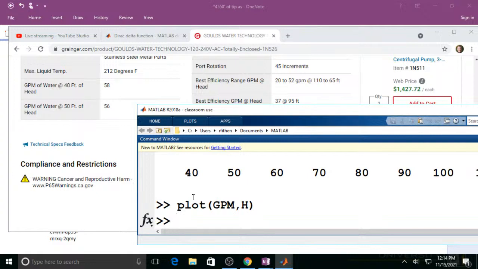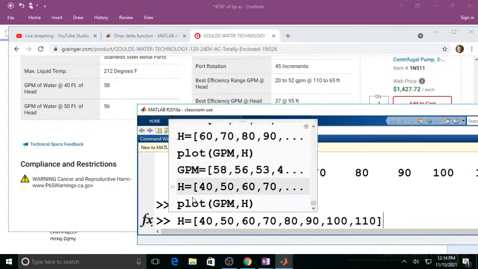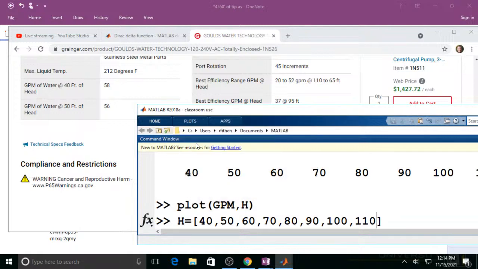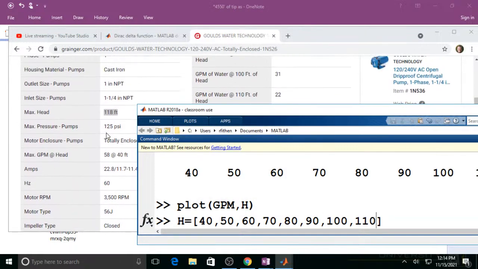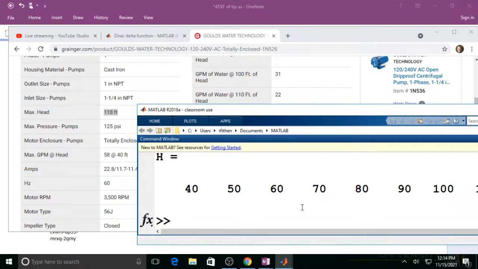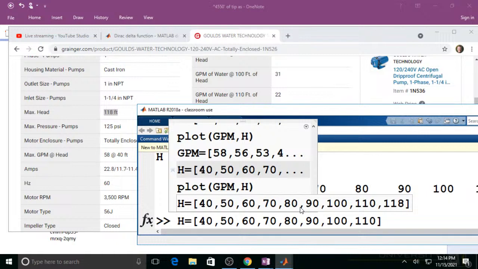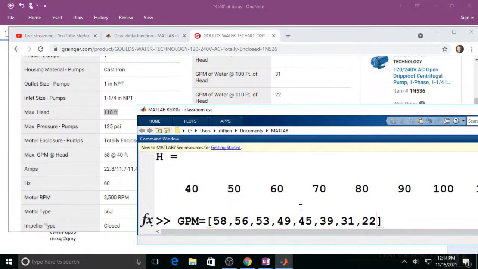So the maximum head occurs, what did he say, 118. Okay, there's my head, 118. Go ahead and list that. That head occurs at gallons per minute of 0.